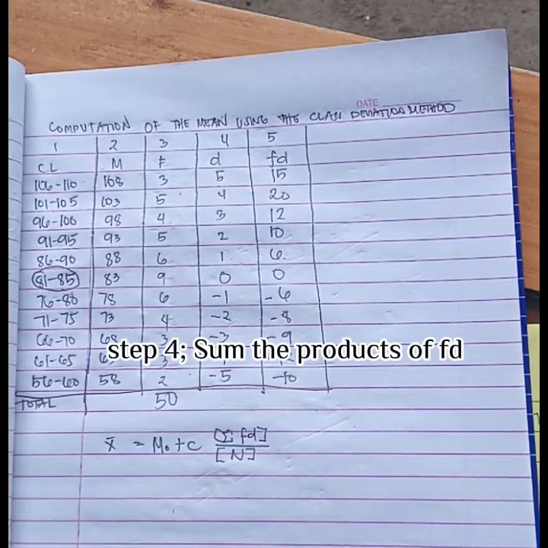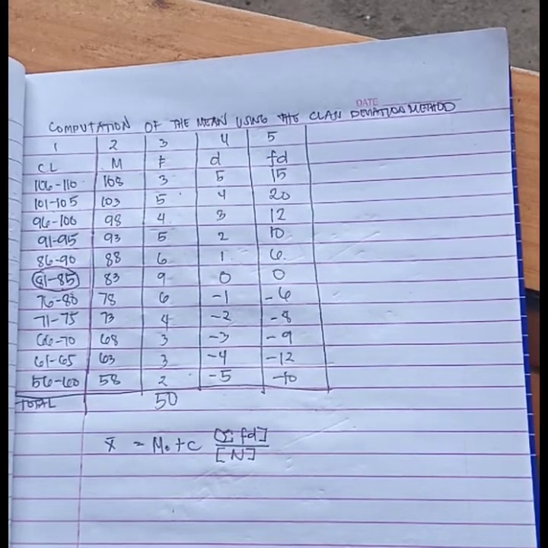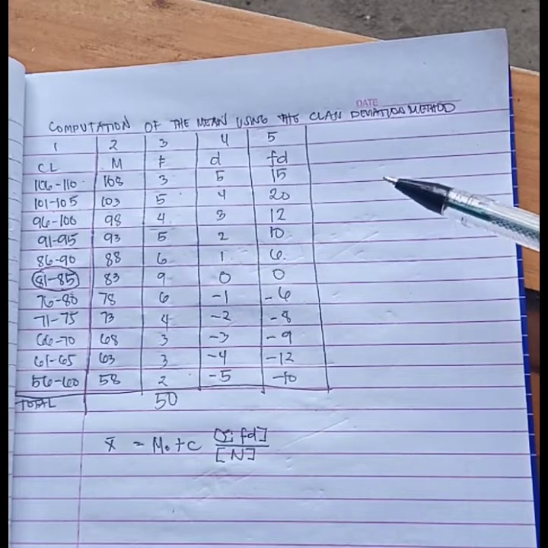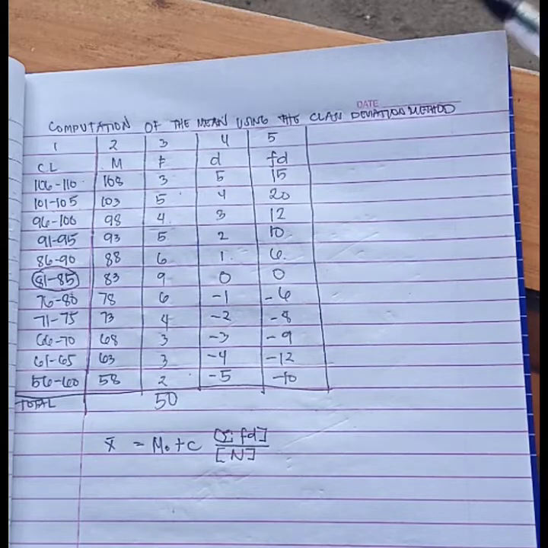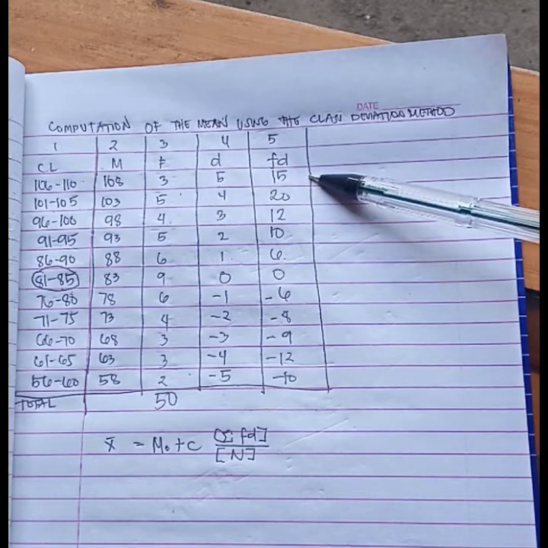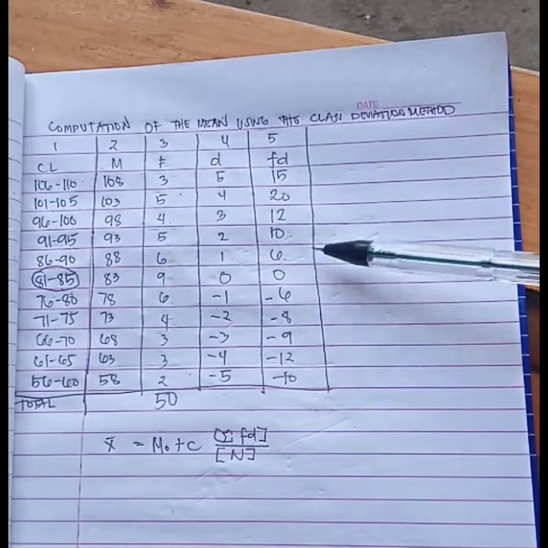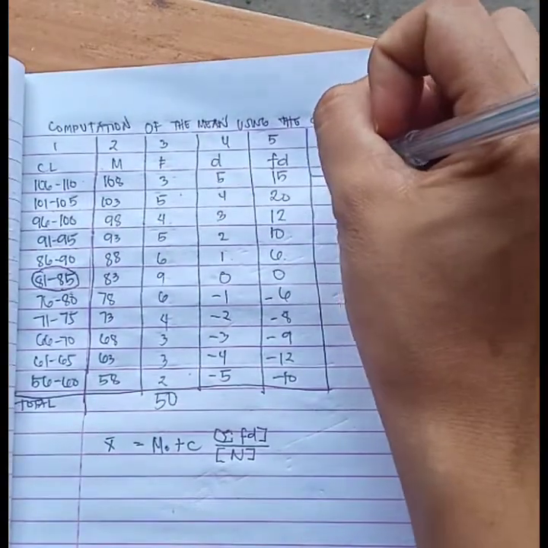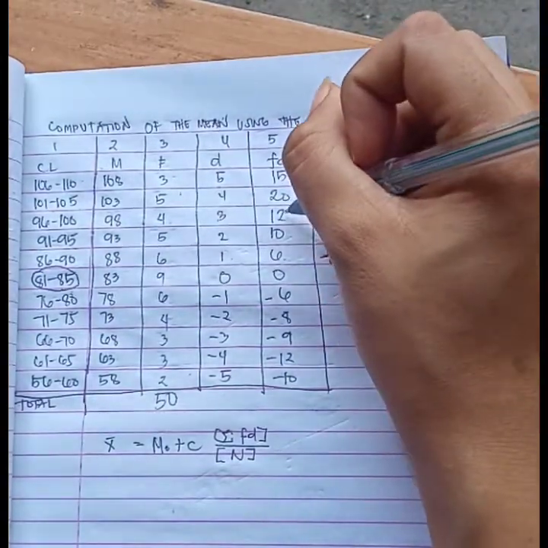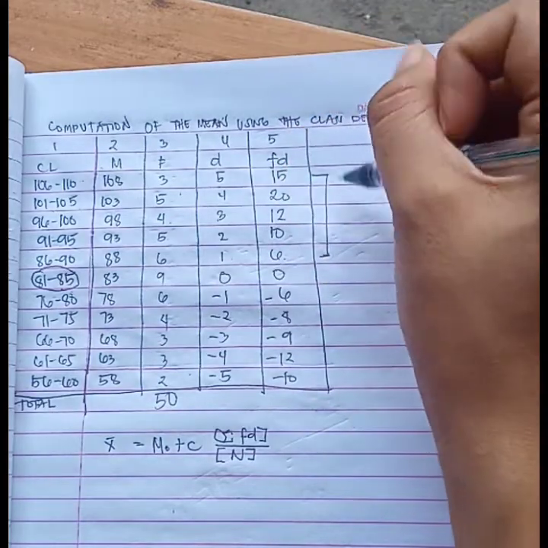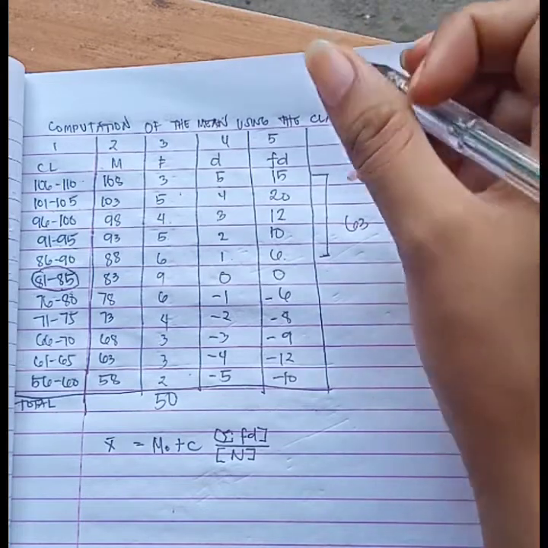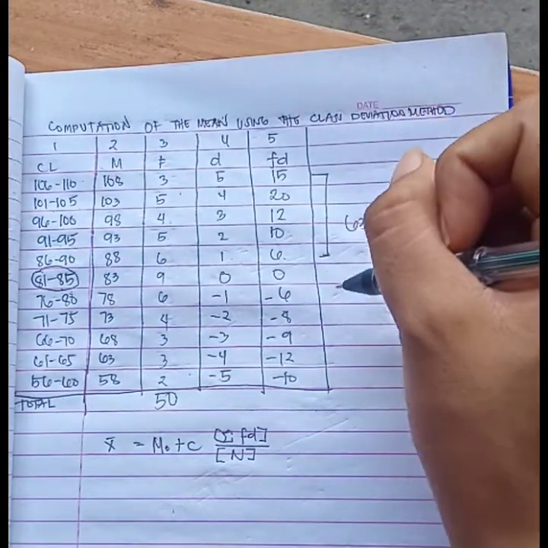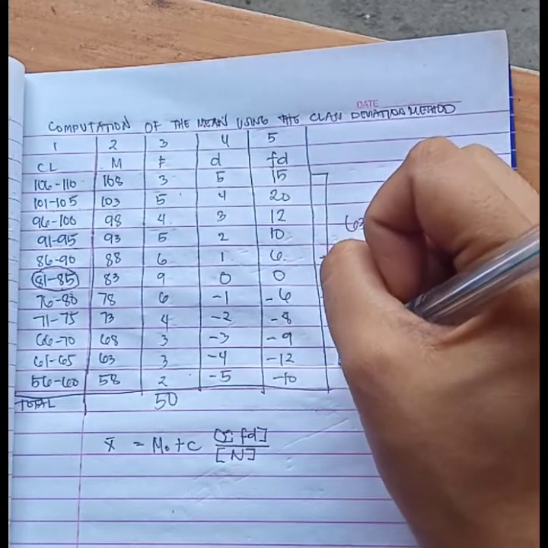Step 4. Sum the products of frequency times deviation. So we have to get the summation of the product of frequency and deviation. First we will add the deviations above 0. So 15 plus 20 plus 12 plus 10 plus 6 is equal to 63. Then we will add the deviations below 0.